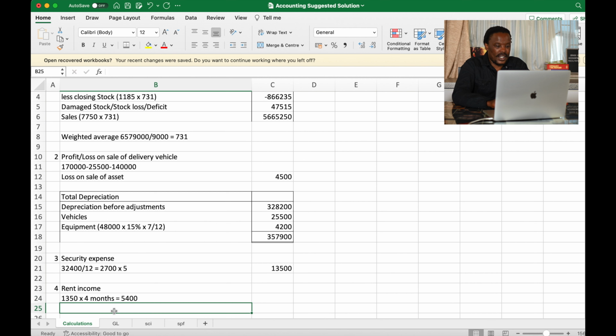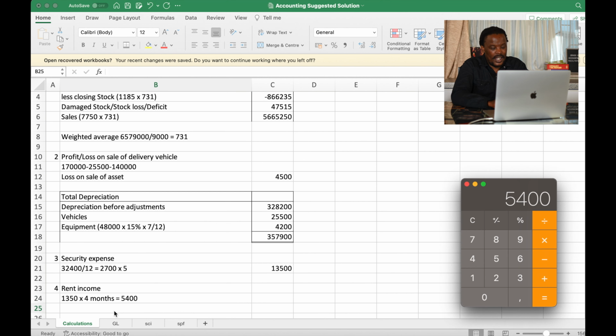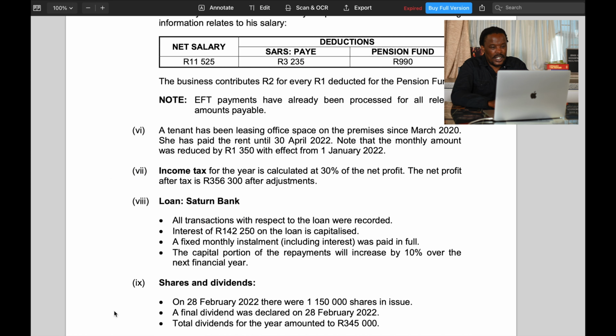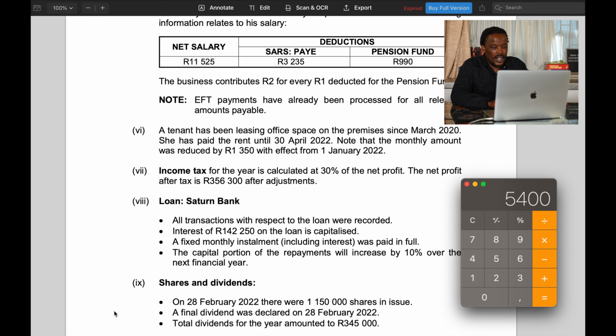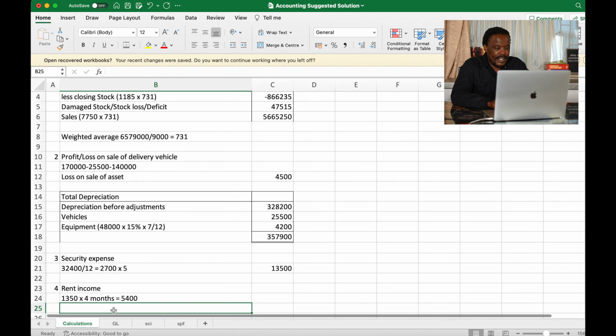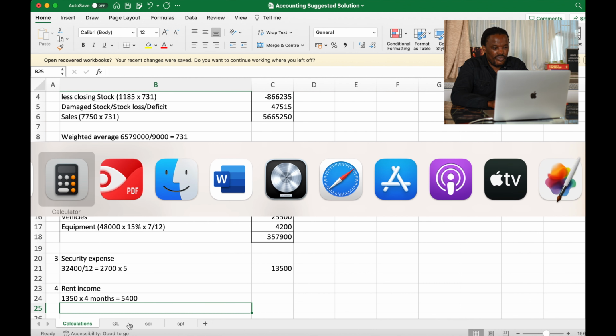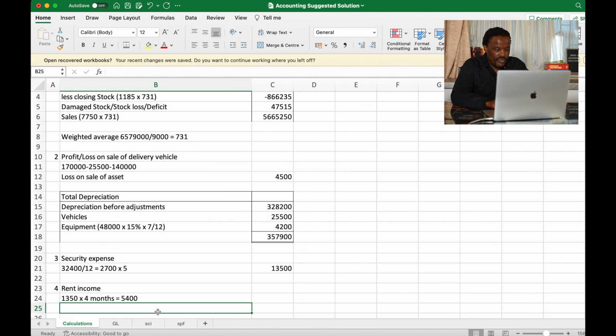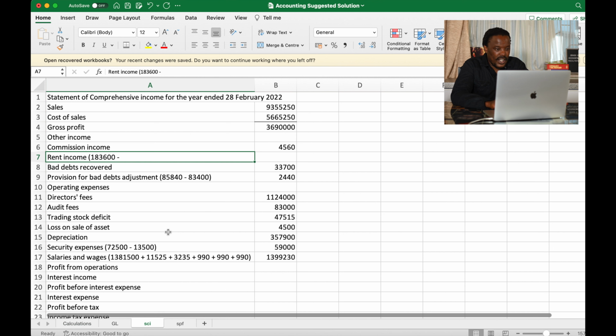Now let's take this amount of rent and assume that it was not reduced. The amount of rent is 183,600.